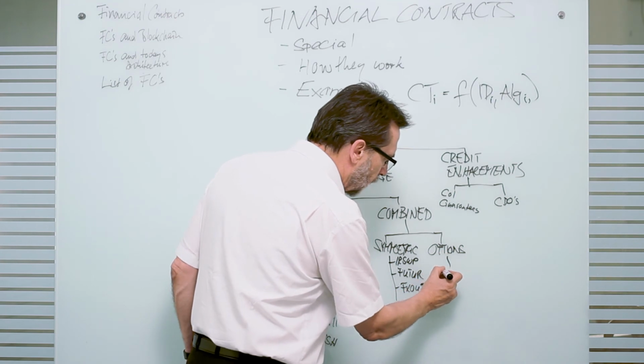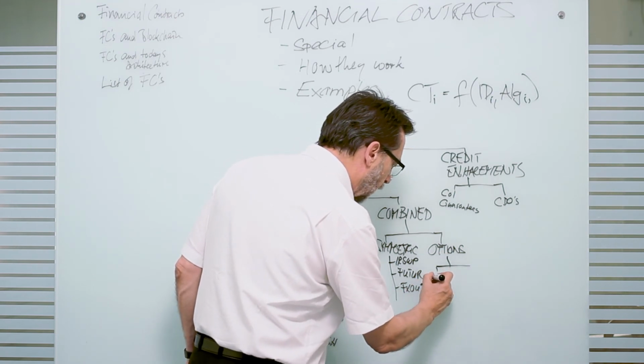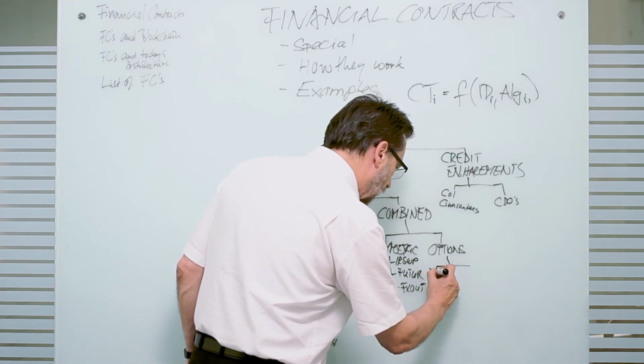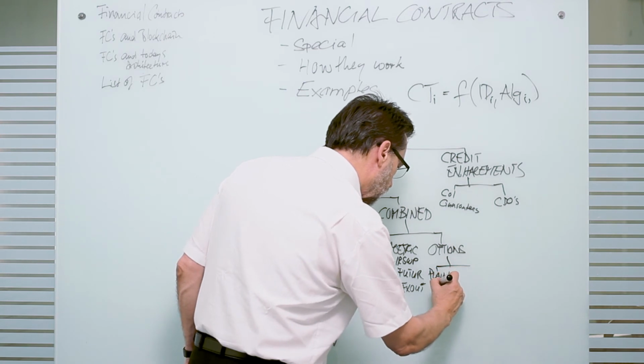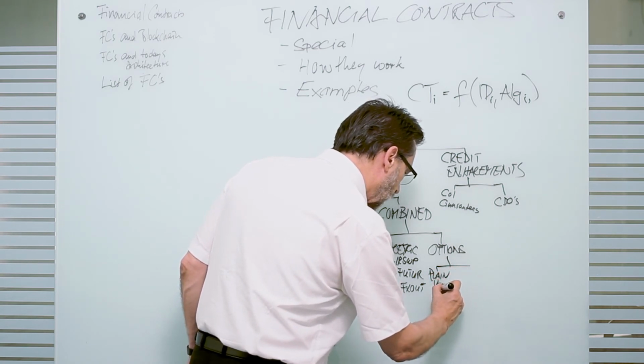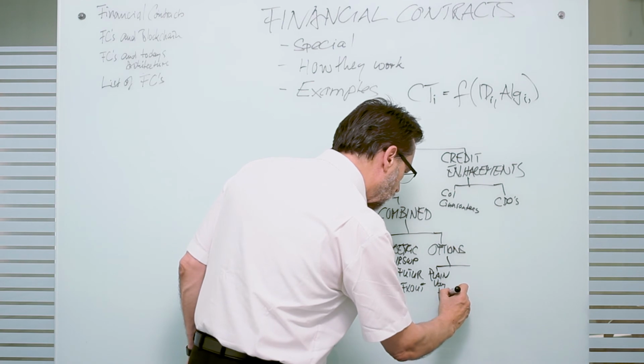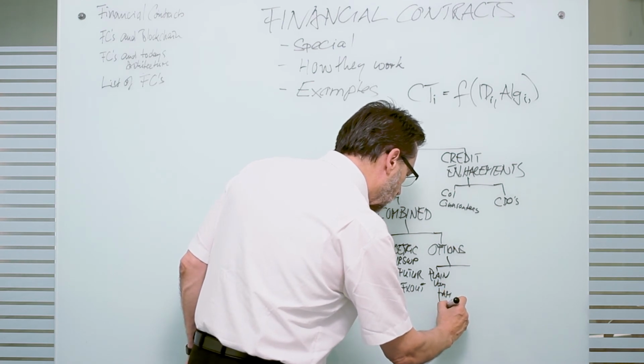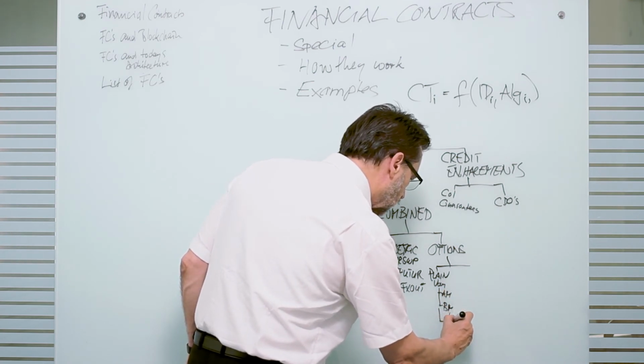In options, we have again two groups. We have the plain vanilla, so these are American, Bermudan, and European options.